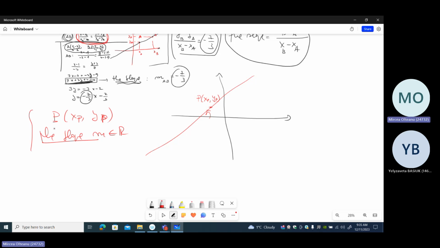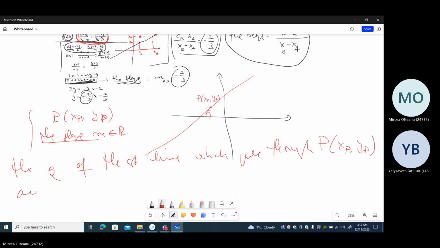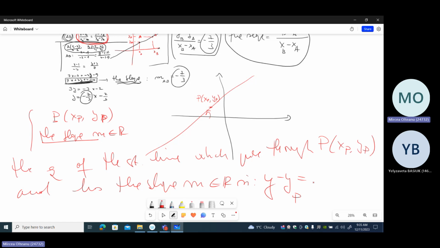The equation of the straight line which passes through the point P of coordinates XP, YP, and has the slope M, a given number, is Y minus YP equals M times (X minus XP).